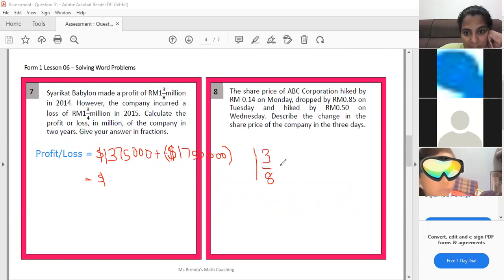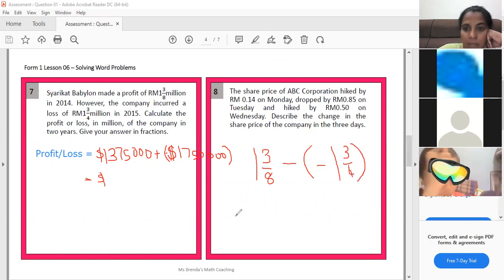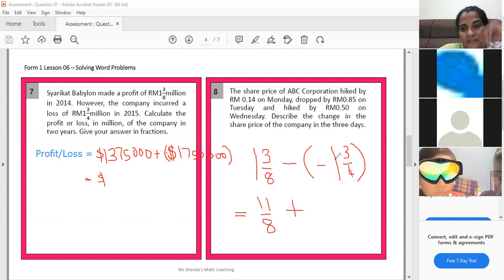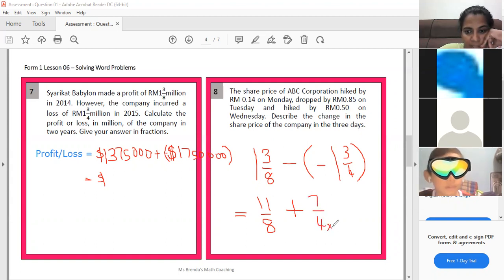1 3/8 million minus negative 1 3/4 million. Okay, so you work this out. Equals to 8, 9, 10, 11 over 8. Open these two will become plus 4, 5, 6, 7, 7 over 4. All right, then this will times 2.